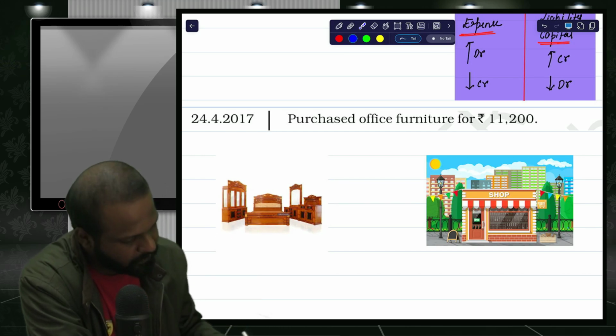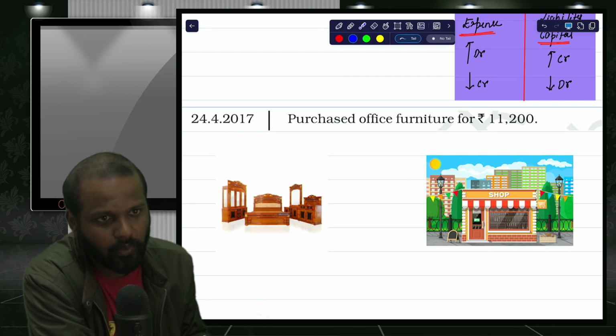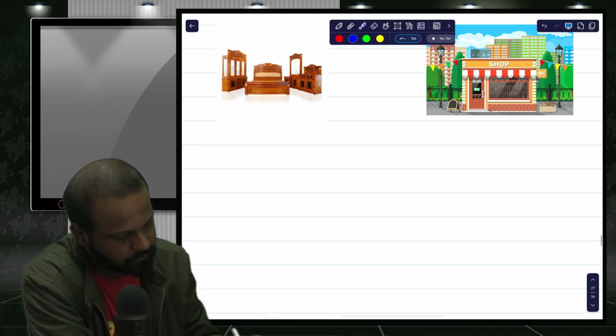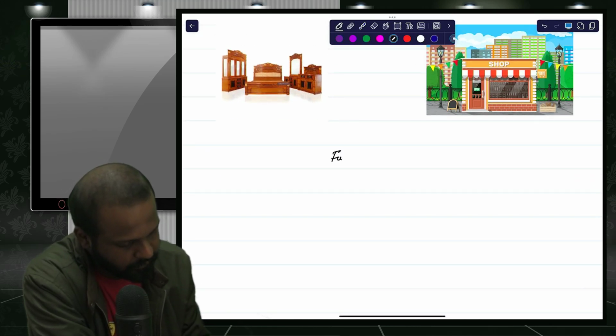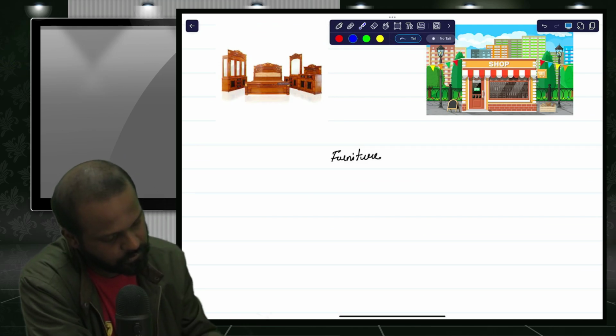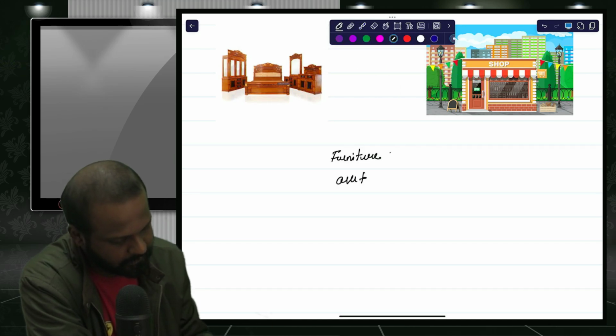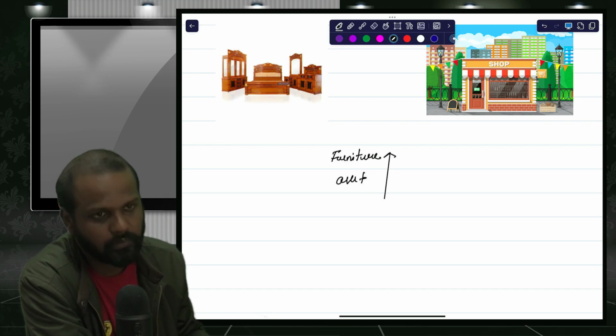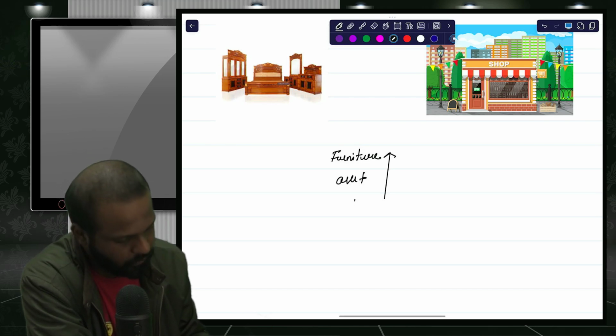So think from business point of view. If you have purchased the office furniture, first what will happen? Furniture will come into the business. So furniture is an asset. Asset increases, we do debit.